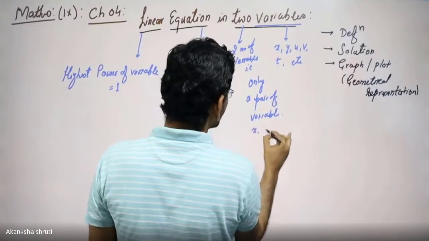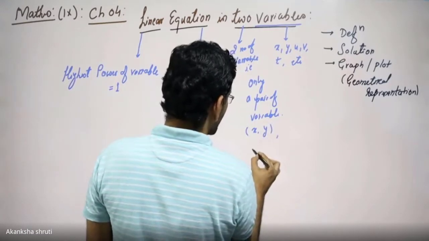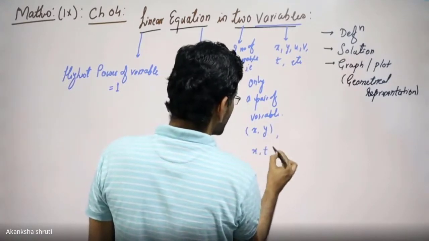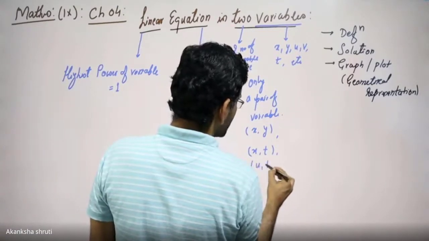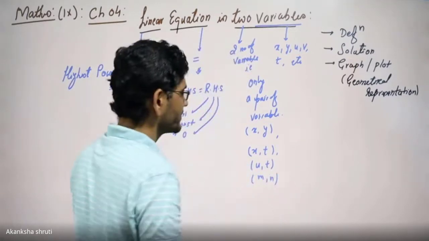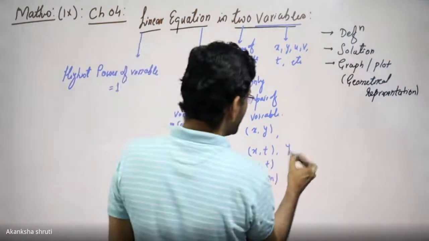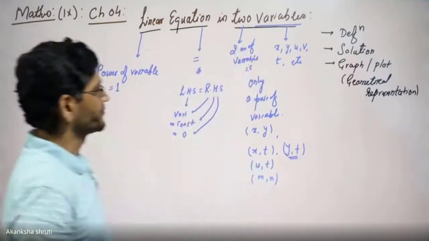We can take x, y together. We can take x with t. It is also possible. We may take u, t. We may take m, n, or y, t, but only two should be together.